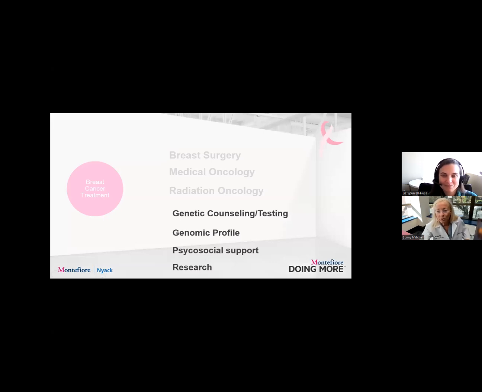So there we go. We'll run through these topics. This is basically how breast cancer is treated. We'll start off by mentioning for a couple of minutes how breast cancer is diagnosed.